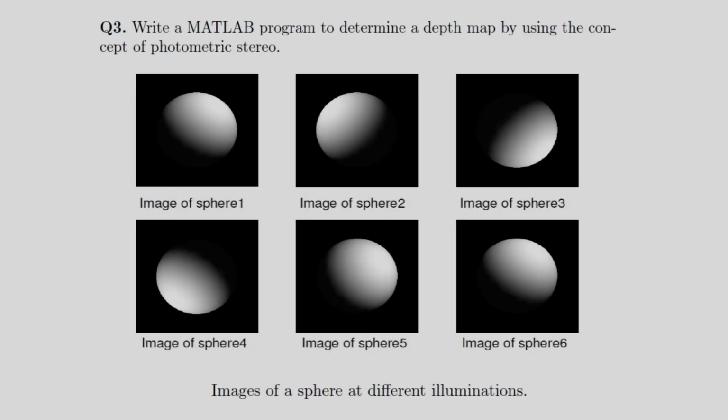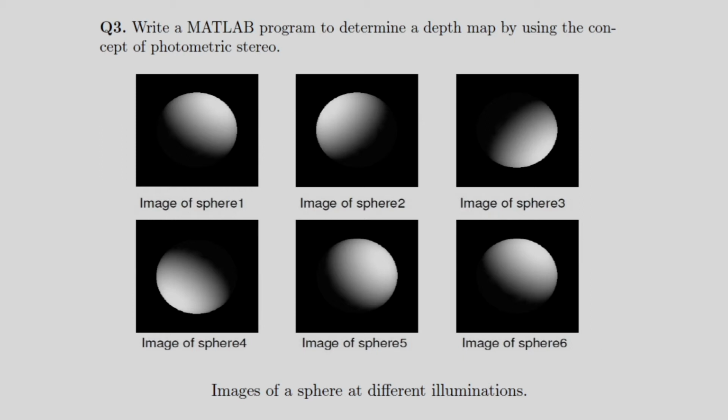Third problem is, write a MATLAB program to determine the depth map by using the concept of photometric stereo. So this problem I have already explained, that is the concept of shape from shading. The shape from shading problem can be solved by the concept of photometric stereo. So for this I am considering different light sources, and shading information is used to determine the depth information.